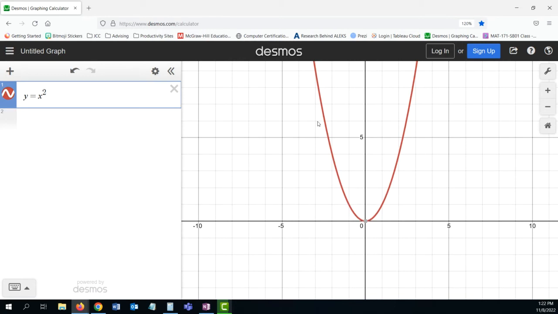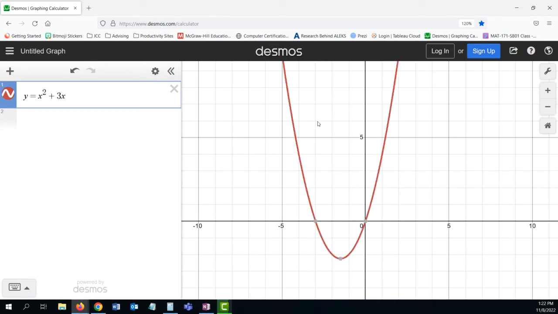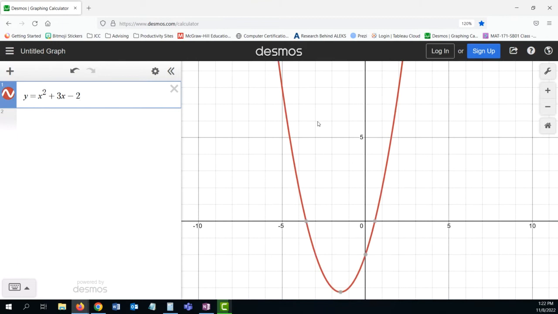Now, when I add 3x, my parabola got a little bit wider, and the vertex moved down. Let's say I subtract 2, that shifts the parabola down 2 units. I can add whatever I want onto the end of this.